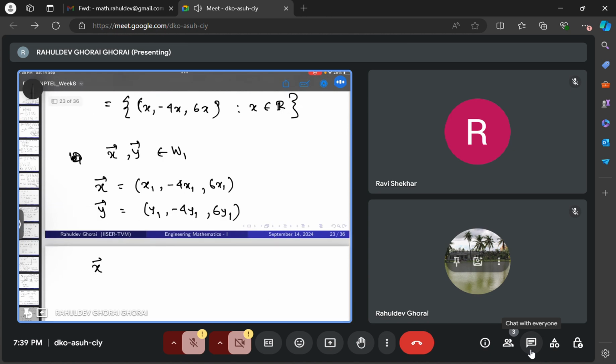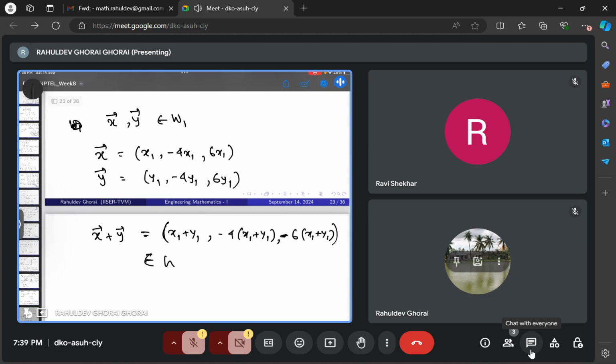Now if you add x bar plus y bar, what will that be? x1 plus y1, and if you add components, minus 4 times x1 plus y1 and 6 times x1 plus y1, right?